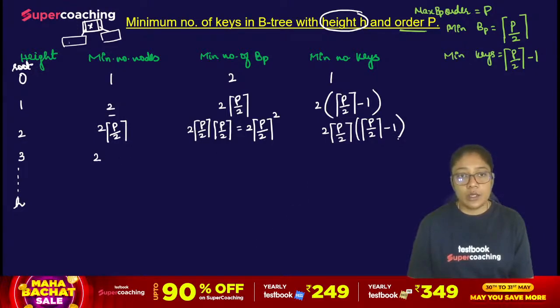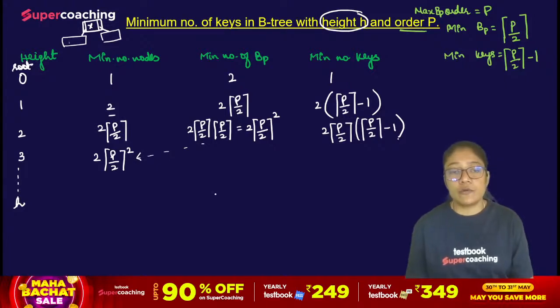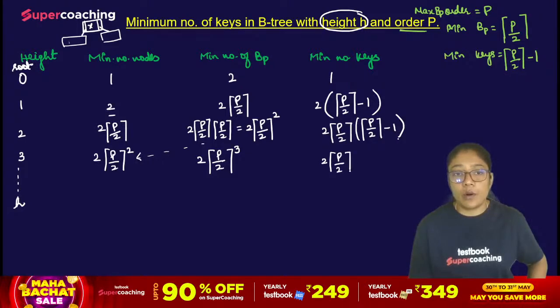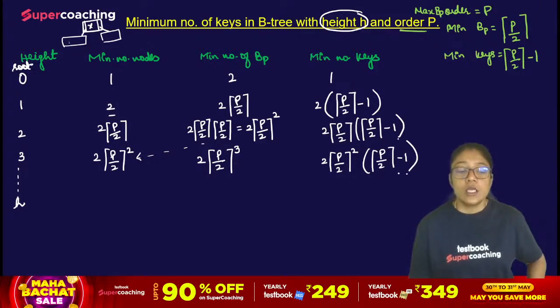Same way we will continue here. 2 times (p by 2) squared. The block pointers at the previous level become the number of nodes at the next level. So here we'll get 2 times (p by 2) cubed. 2 times (p by 2) squared are the number of nodes, and in each node the number of keys is p by 2 minus 1. Have you observed some pattern?